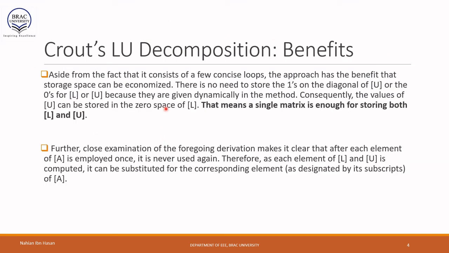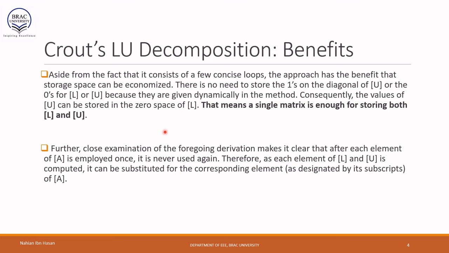The Crout LU decomposition method has several benefits. The first one is that you do not need to save the intermediate values into the storage space of your computer. So for example, if you remember the upper triangular matrix, the elements of the upper triangular matrices can be stored in the zero elements of the lower triangular matrix. So that's the benefit of the Crout LU decomposition method.